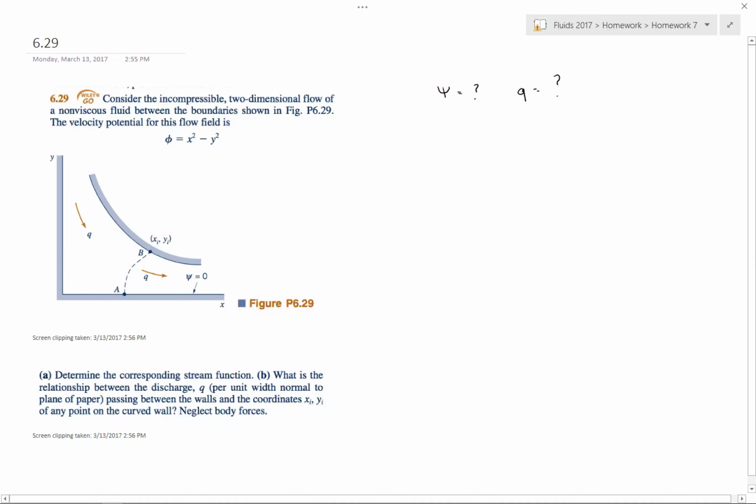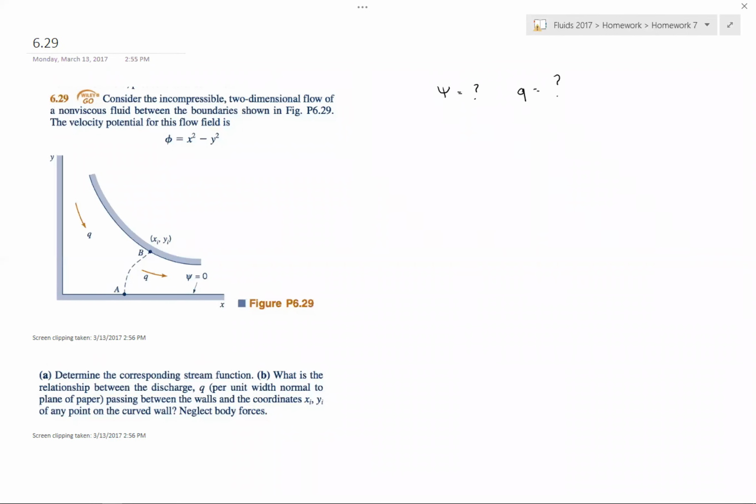So in order for us to find the stream functions, what do we have to find first? Right, the trident. Yeah, that's better, I guess, than a pitchfork.